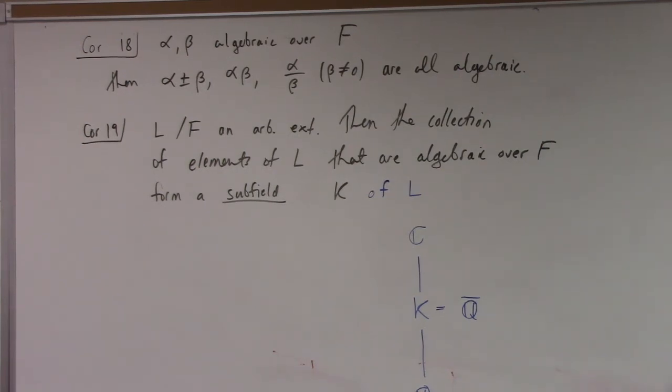Phew, yeah. Anyway, that's about it for this section. Like I said, he ends by looking at the composite of two fields. If we take a subfield K1 and a subfield K2, their composite K1K2 is defined to be the smallest field containing both inside the larger field.